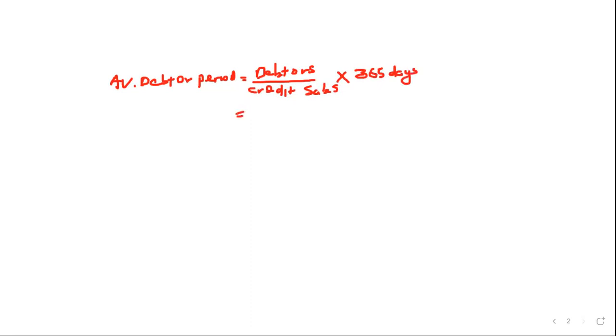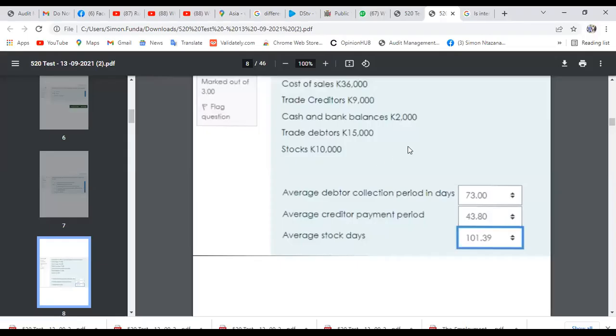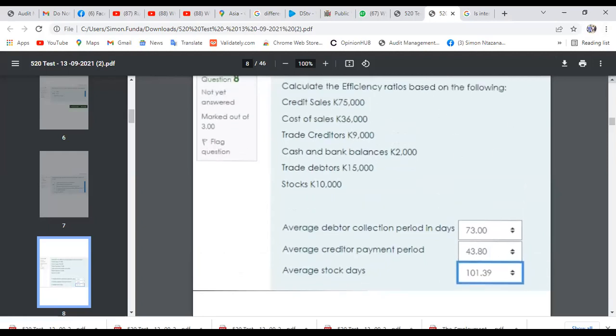So we go to the question. So we've got credit sales. So we're looking for credit sales and the debtors. So the debtors 15,000, credit sales 75,000.